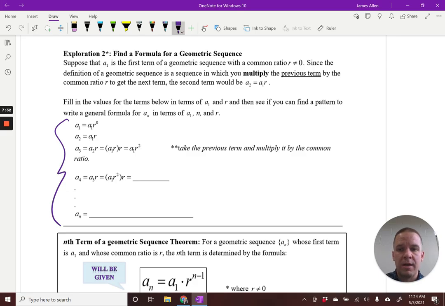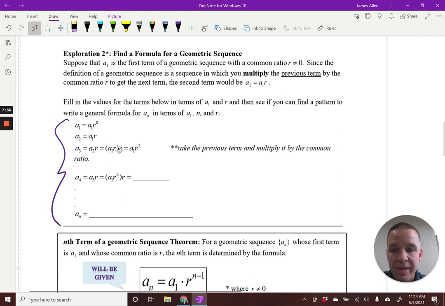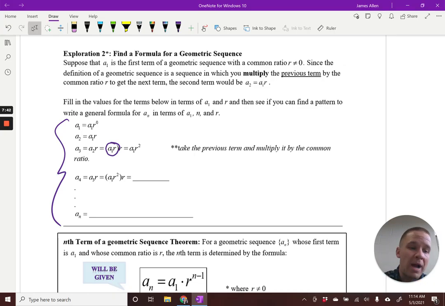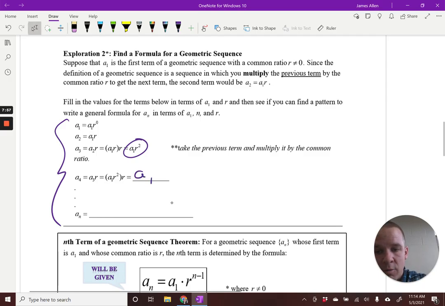And then to get a sub 3, I would do that previous term, a sub 1 times r, then multiply it by r again, which would give me a sub 1 times r squared, right? And then to get the next one, I would take that a sub 1 times r squared from the previous, multiply by r again, which would be a sub 1 times r to the third.